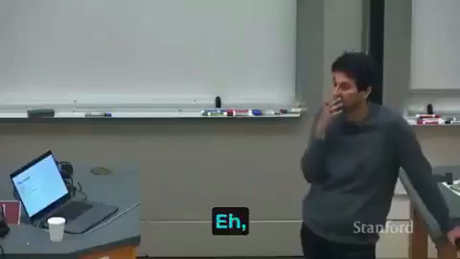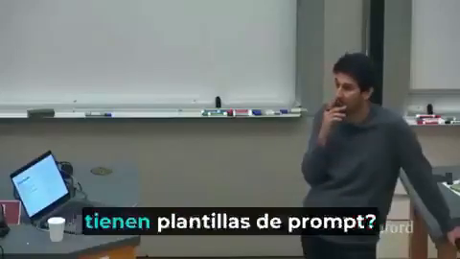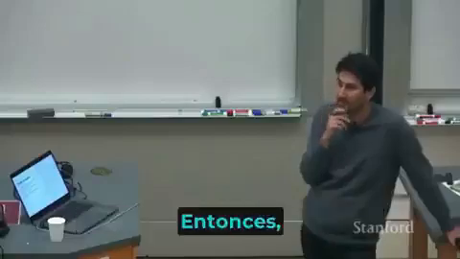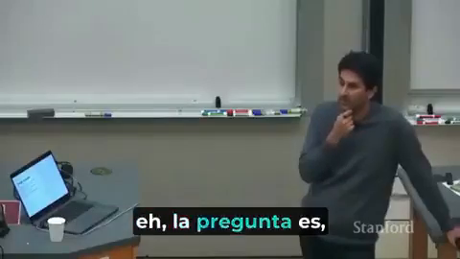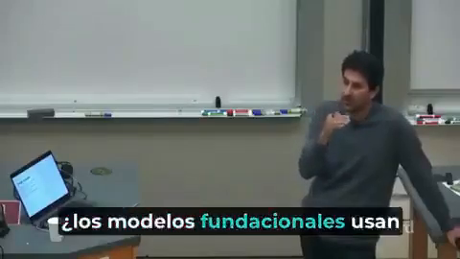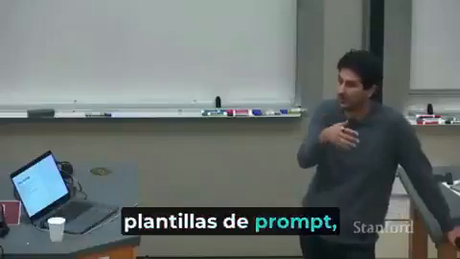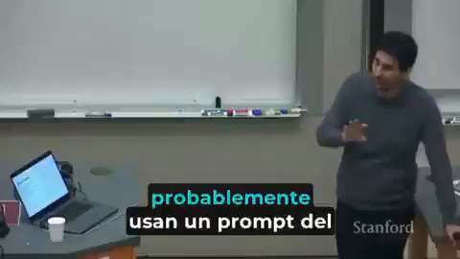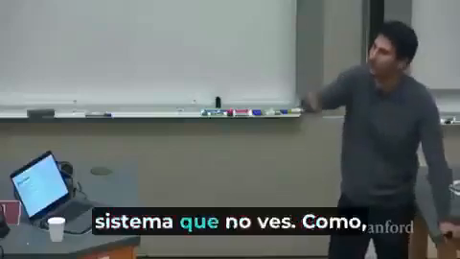So the question is, do the foundation models use a prompt template, or do you have to integrate it yourself? The foundation models probably use a system prompt that you don't see.